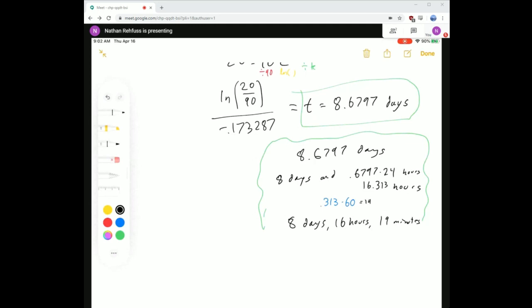Or maybe I could give them a specific time of day that their basement will be ready. If it's 9:02 a.m. now, 8 days, 16 hours, and 19 minutes from right now, I'd be like, all right, your basement will be ready on April 25th at 1:21 a.m.